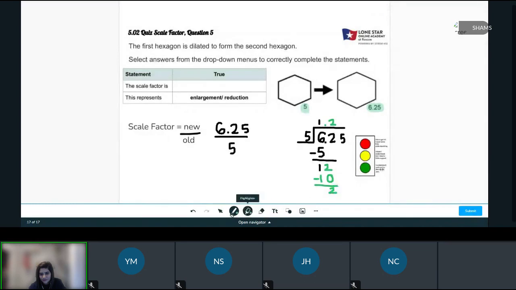We bring down the 5 and we have 25. How many 5s go into 25? It is 5 with no remainder. So therefore we can say scale factor, you all got 1.25? Yes, you all got 1.25.